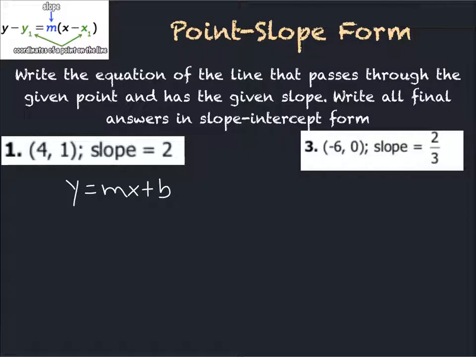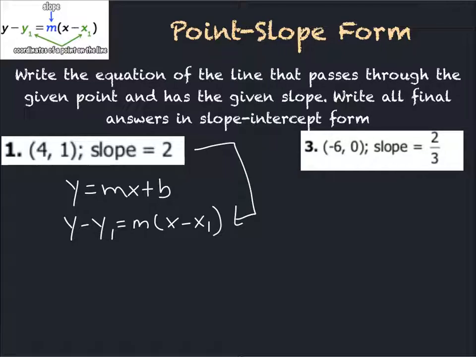We're given a point and a slope. So what we're going to want to do first is use the point-slope form, which is y minus y1 equals m times x minus x1, to write an equation using this information. And once we get that equation, we could go ahead and start manipulating our equation until it's in slope-intercept form.